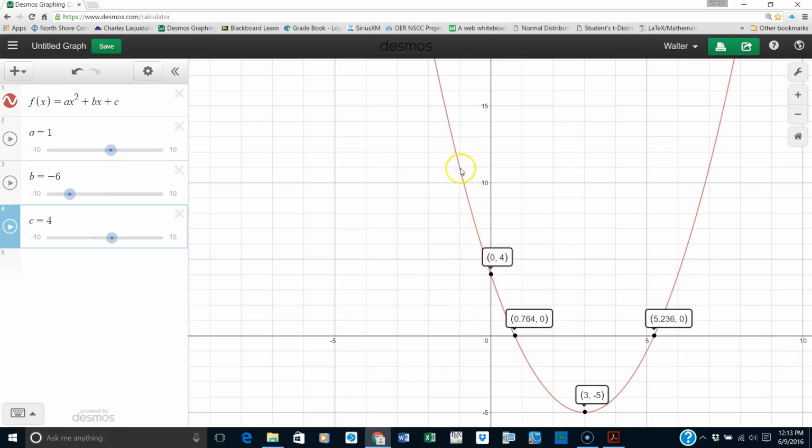Okay, so you probably are graphing these on graph paper, and we're here with Desmos looking at our work and making sure everything looks correct.